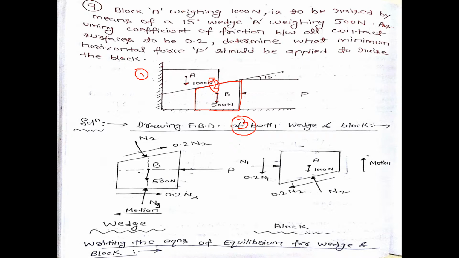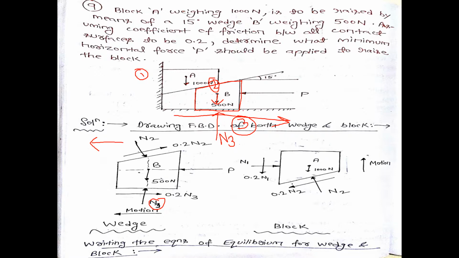Then this horizontal surface is in contact with the wedge, so it will give a reaction to the wedge in this direction, which is your normal reaction force N3. Since the movement of the wedge is in this direction, the frictional force between the wedge and the horizontal surface will be in this direction, that is mu times N3, 0.2 times N3.